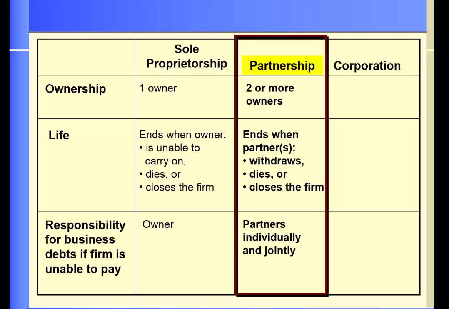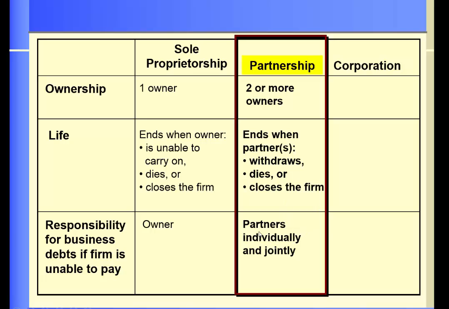Right. You're going to end up going to court to settle that, depending on the partnership agreement. So when one partner dies or withdraws, you're doing an accounting, reassessing the value of all the assets, and it's complicated. We covered in chapter 12 liquidating the partnership.